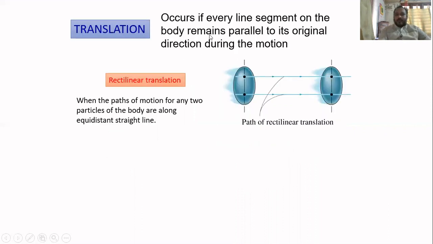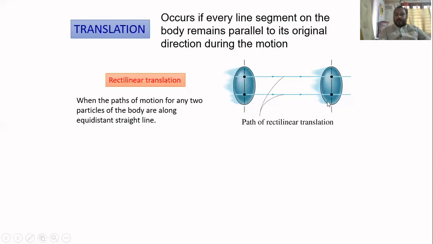Translation is when every line segment on the body remains parallel to its original direction during the motion. That is, when a body is moving in a straight line and all the points move parallel, that type of motion is known as rectilinear translation.